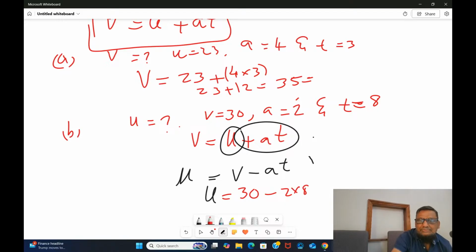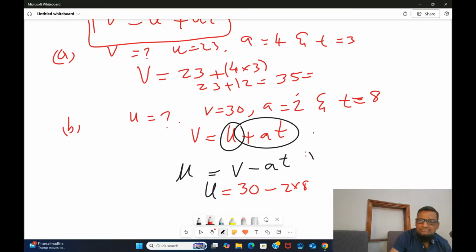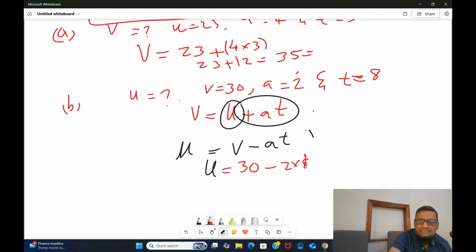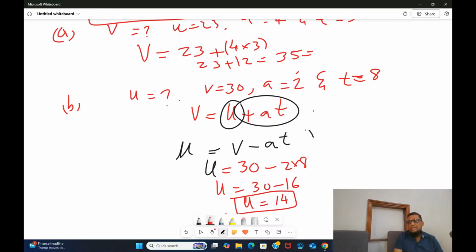So u equals 30 minus 2 times 8, which is 16. So the u value is 14. This is the way you can work it out.